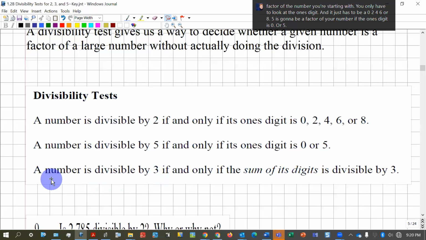And 3 is a factor of your number if the sum of its digits is itself divisible by 3.